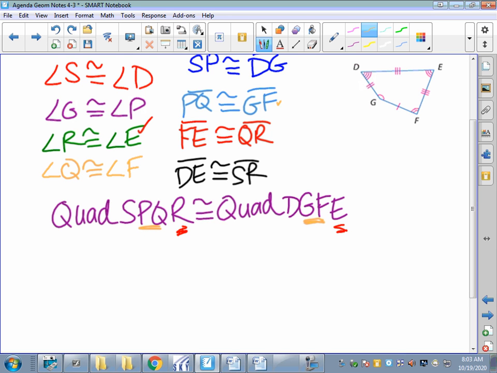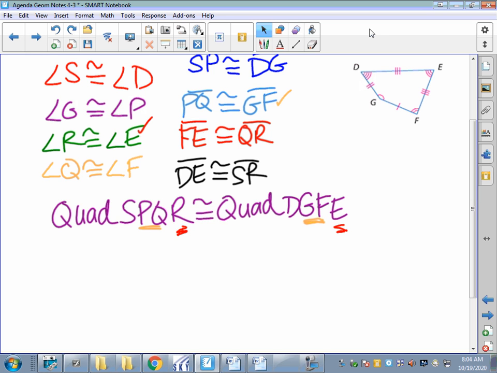PQ, GF, check, that's corresponding sides. So every little piece, every little order is really important in that congruent statement. If I give you that congruent statement, I could not give you the diagram and you could still make that work because everything is there for you.